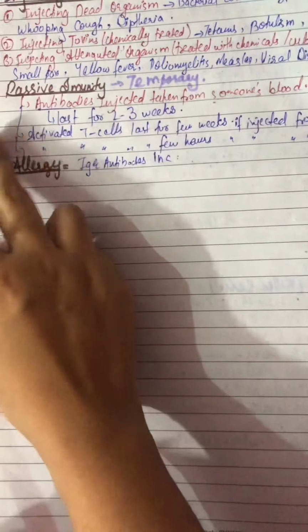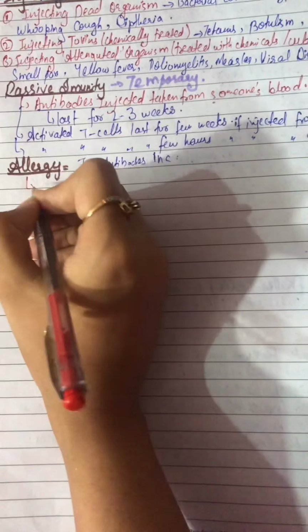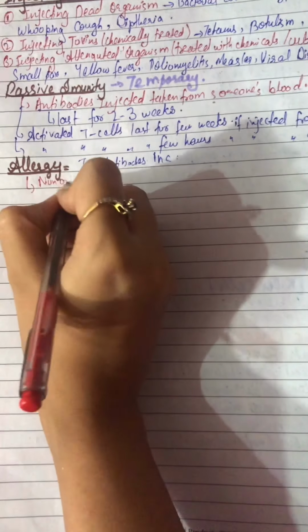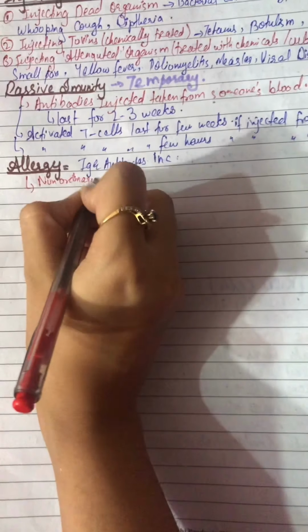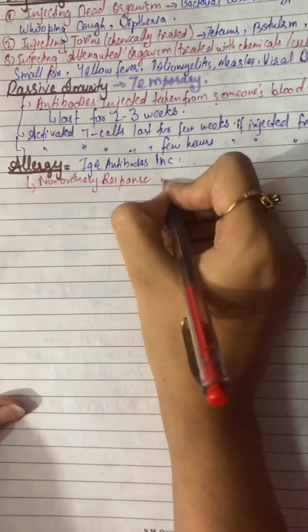First, write that what are they. In this, a non-ordinary response of the immune system occurs.